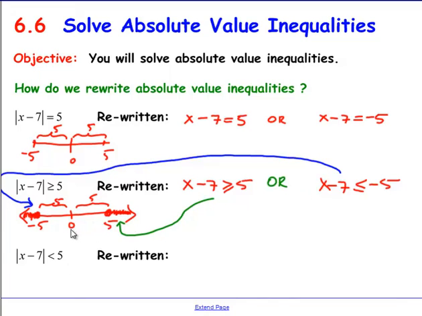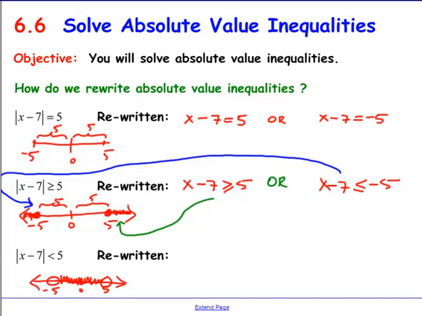For the last one, we have distance away from 0 has to be less than 5. So here is a 5 and here is a negative 5. The distance has to be less than 5, so I have to be within 5 units away from 0. I could be anywhere between negative 5 and 5.